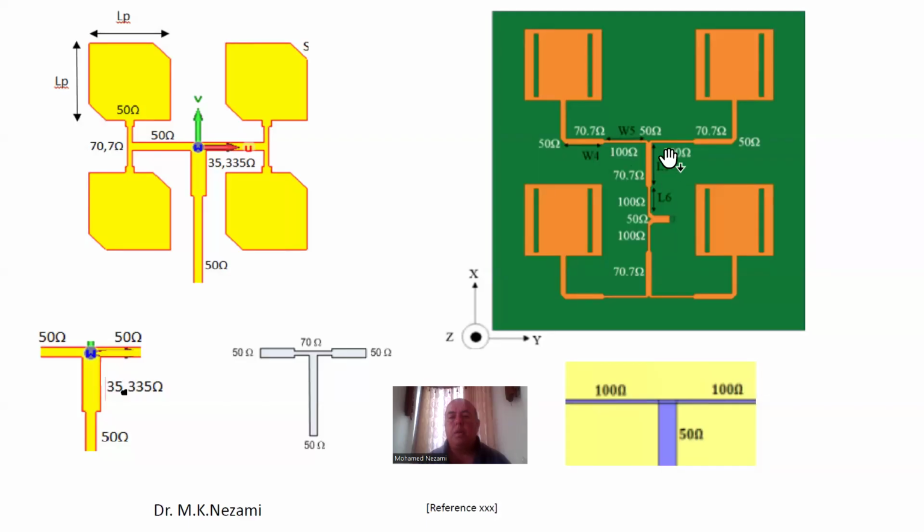So this one here is not this, because this one here uses another quarter wave transformer, okay? While the patch in here is 50, now we want to transform it to 100, so we use a section that is 70.7 ohm transformer. So this quarter wave in here, quarter wave in here, quarter wave in here, and so forth. So you can see that we've utilized this plus this here.